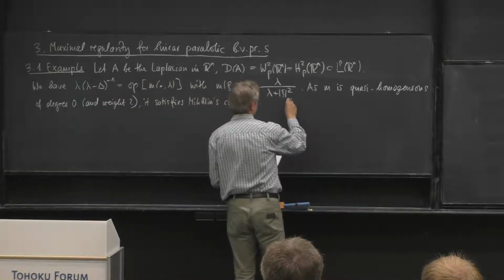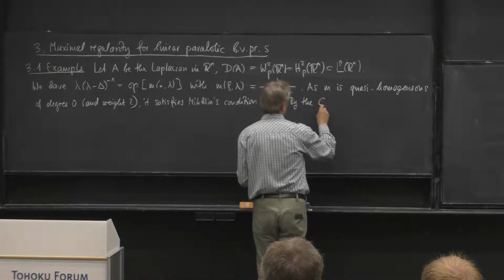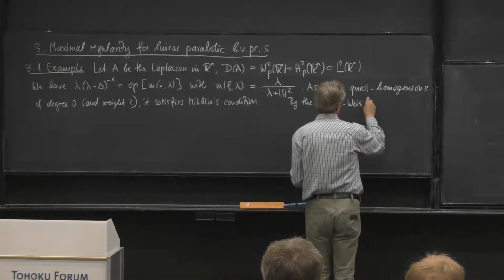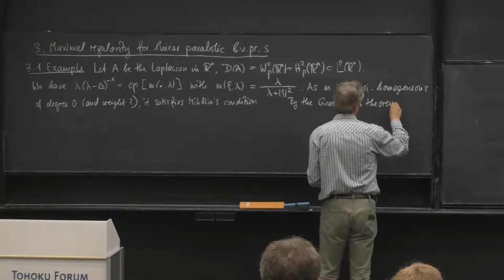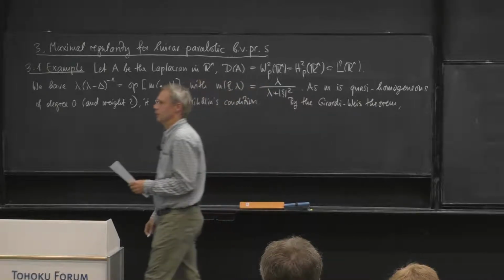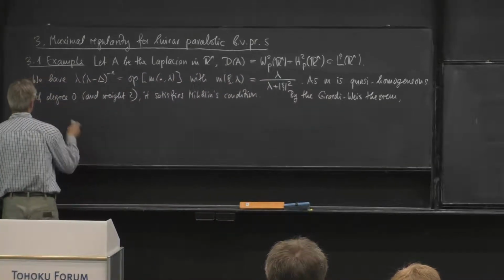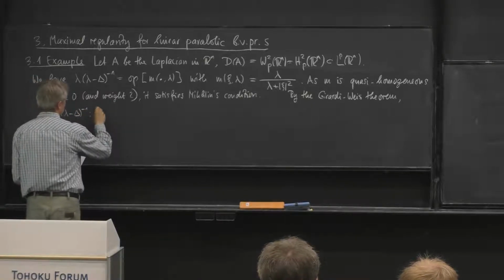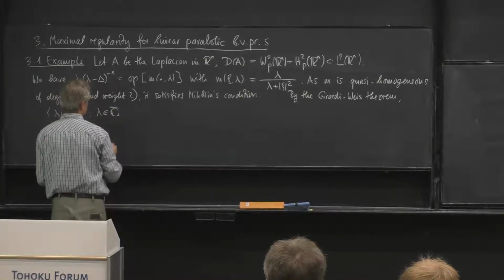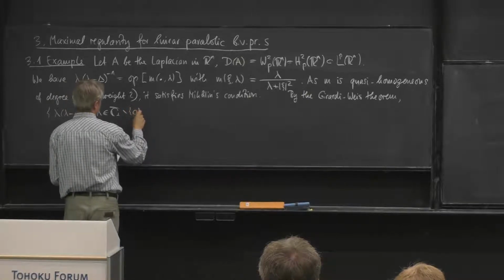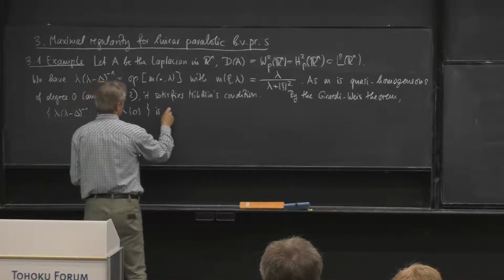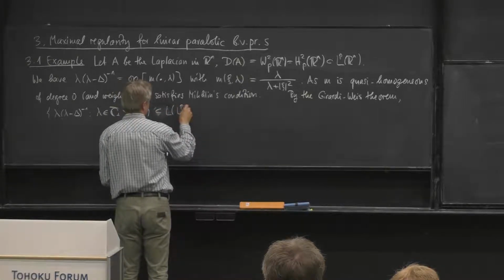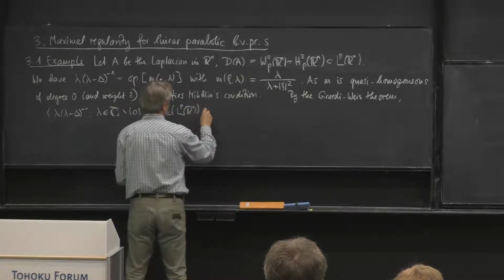So by the Girardi-Weis theorem, the family of operators lambda times (lambda minus Laplace) inverse, lambda in the closed right complex plane except 0, is R-bounded. So this is a family of operators in L(L_p(R^n)) that is R-bounded.